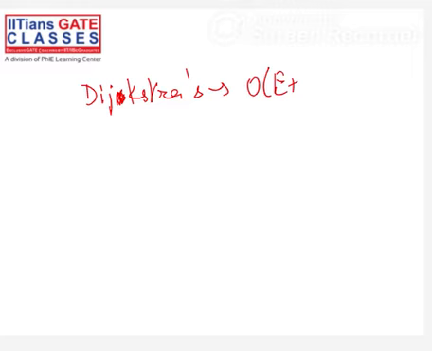Okay. So let me just write it down. If you run Dijkstra's, this is taking order of E plus V log V time. This is once. Now, if you're going to run it V times for all the vertices, this will give you the all pair shortest path, right?